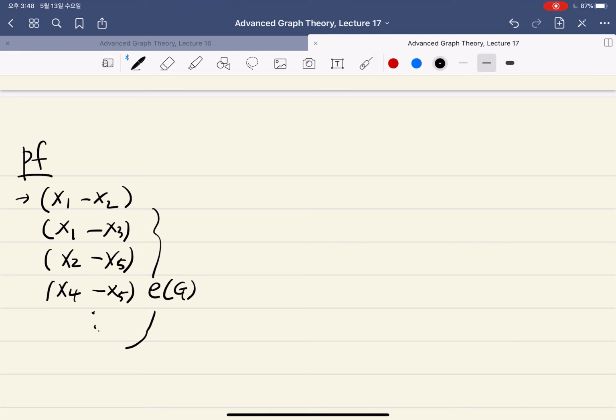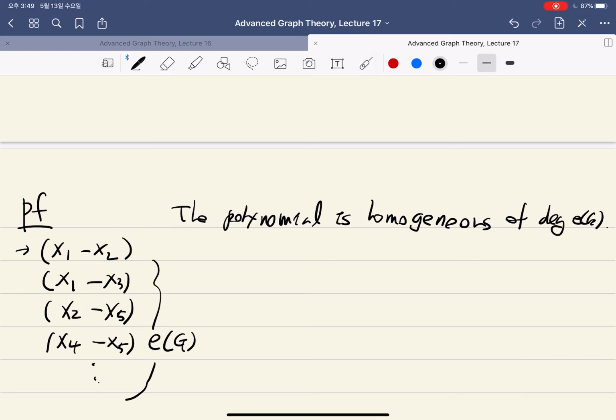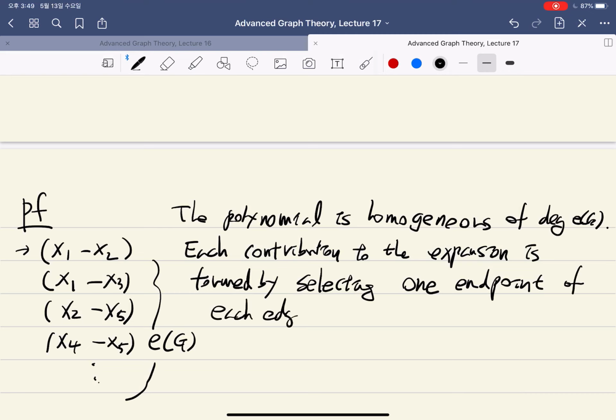And you multiply them, so the polynomial is homogeneous of degree the number of edges of G. And each monomial, each contribution to the expansion, is formed by selecting one endpoint of each edge.